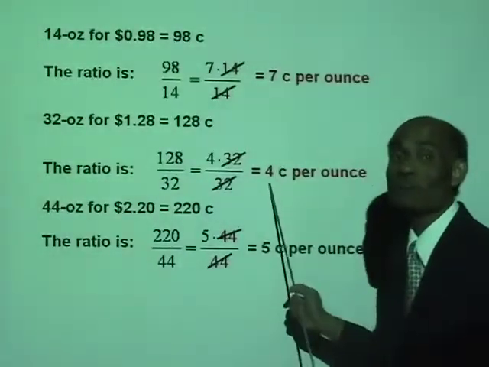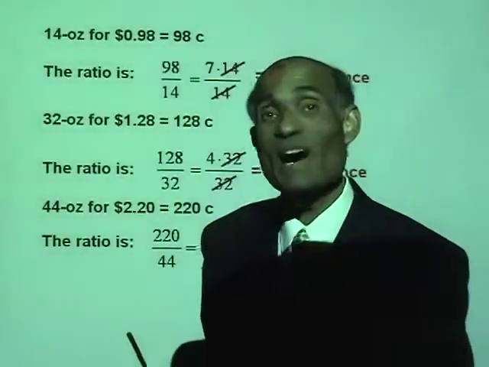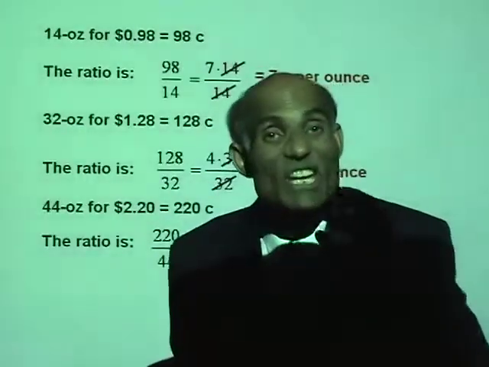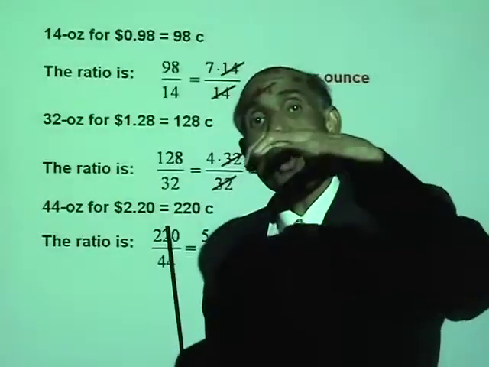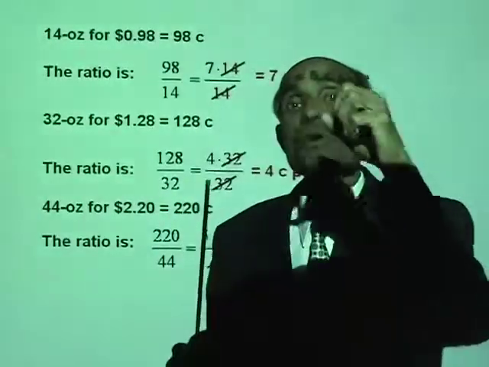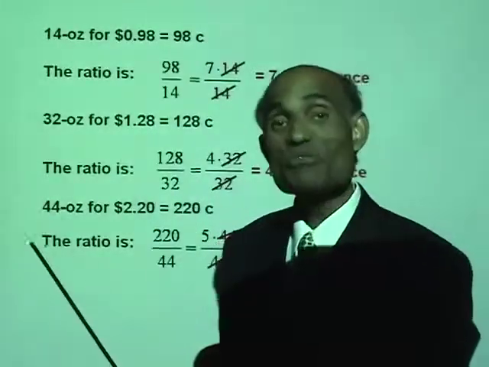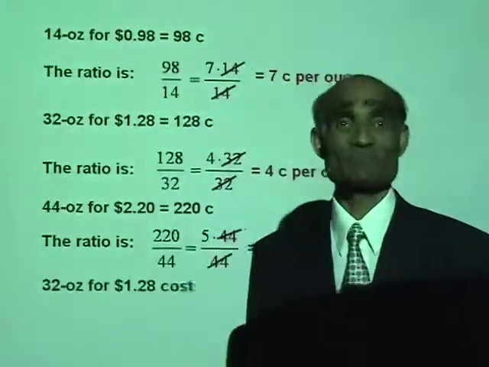This is the best buy, 4 cents per ounce. Now look at how we arrived at the conclusion. By studying a ratio. Ratio of what? Ratio of price to ounce. Number of cents to ounce. That is a very useful way to look at when you buy things.